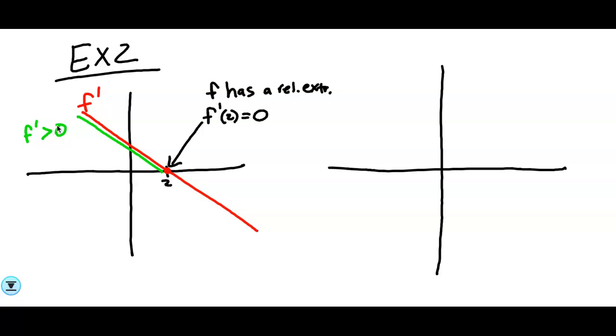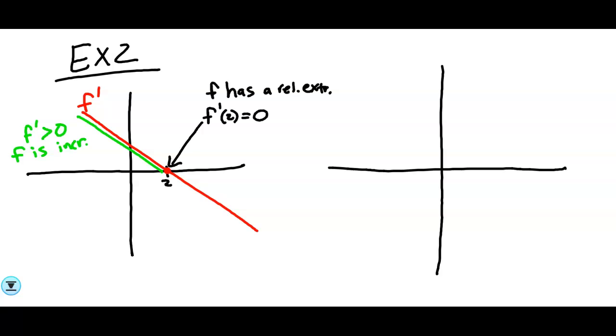Now, when f prime is positive, what is f doing? Going up. Fancy word is increasing. I'm going to abbreviate that INCR just because I don't have much space. But when f prime is greater than 0, f is increasing.